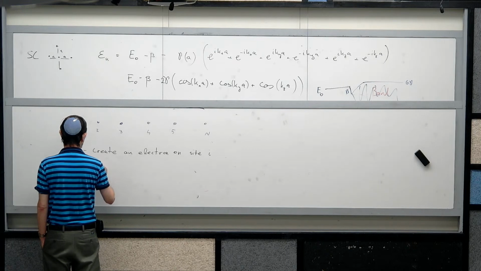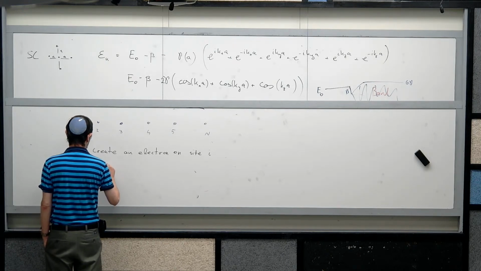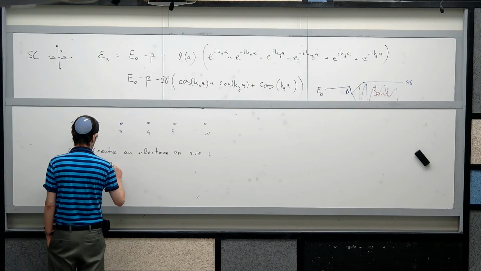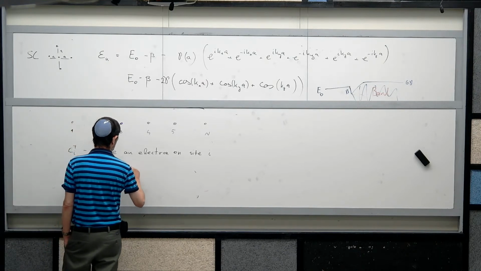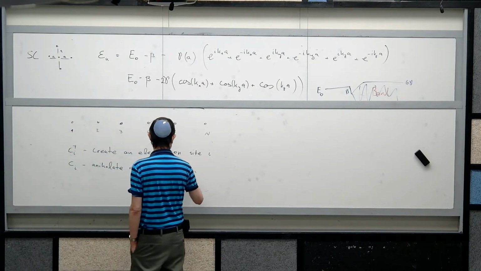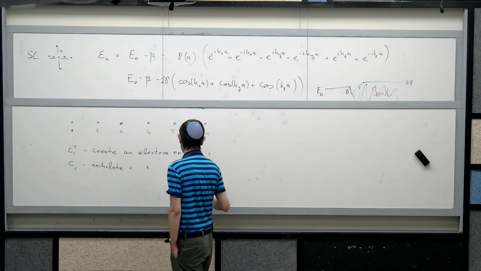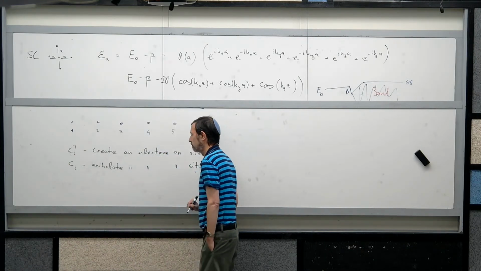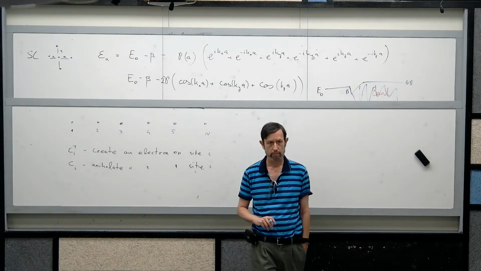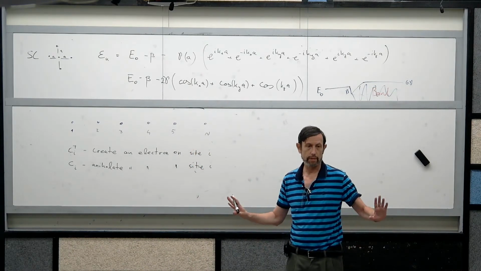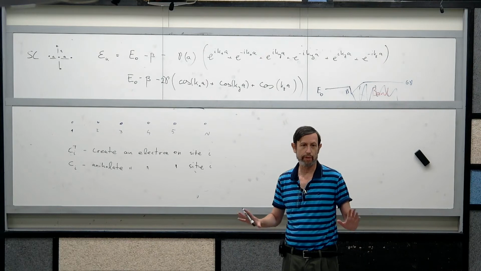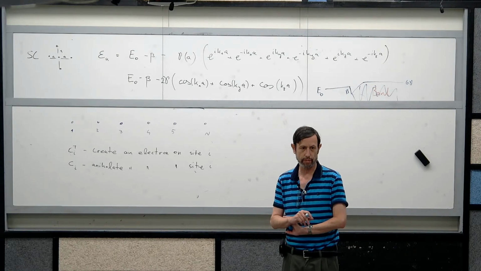And I can annihilate an electron on site I. These are the only two operators that I can essentially use, these and a combination of them.